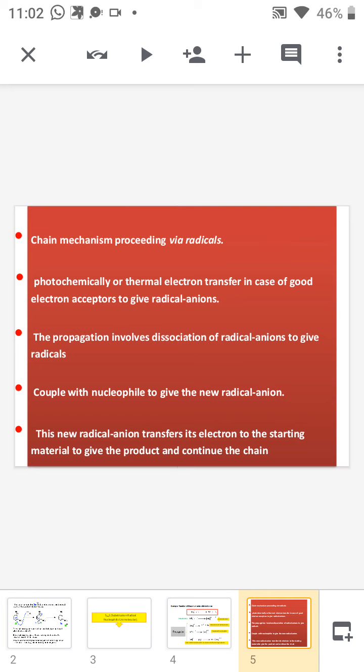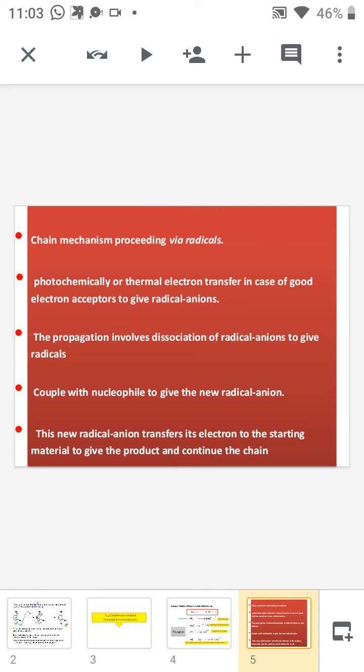First of all, this is a chain mechanism proceeding via radicals. The electron transfer may be photochemical or thermal electron transfer in the case of a good electron acceptor, and gives the radical anion. In the next step, the propagation step involves dissociation of the radical anion to give the radical.